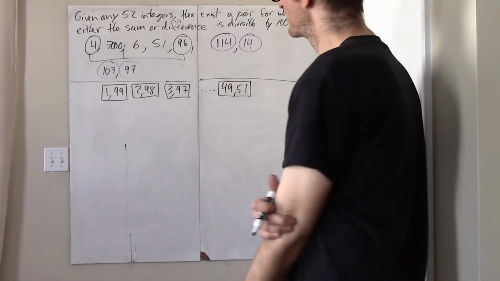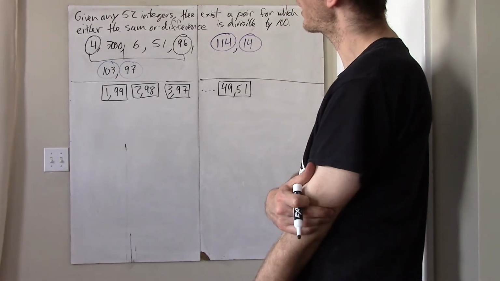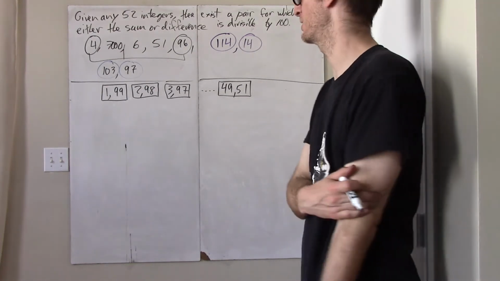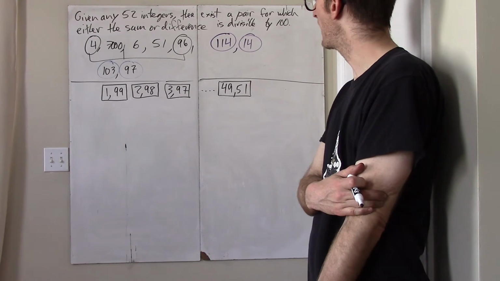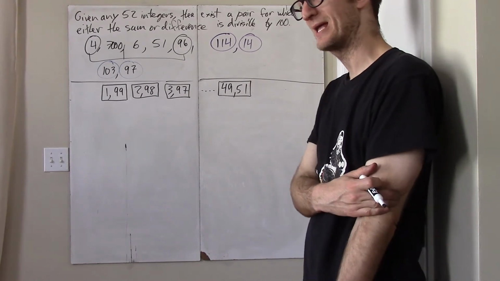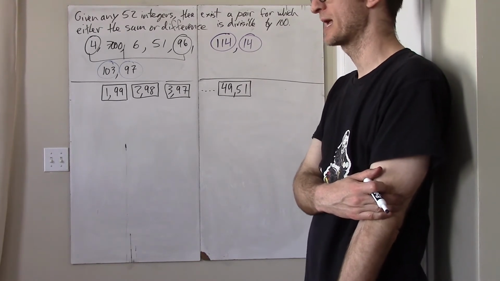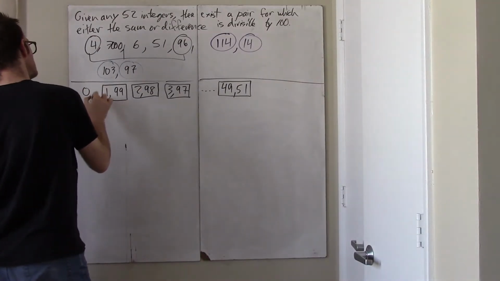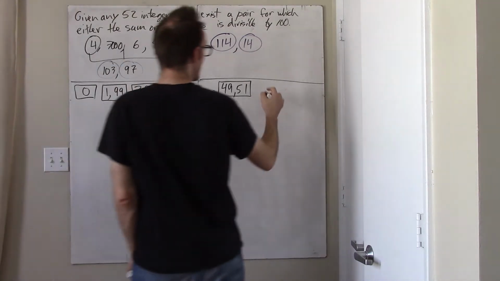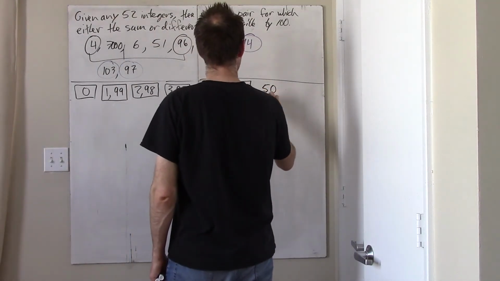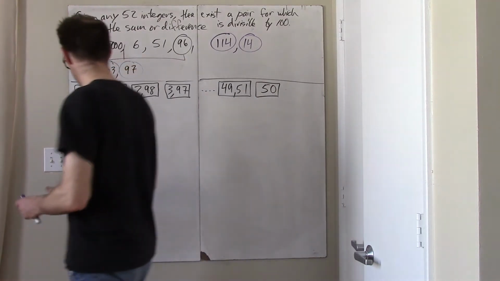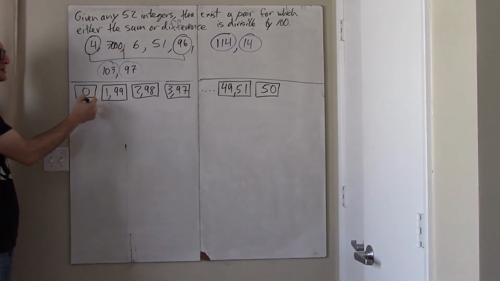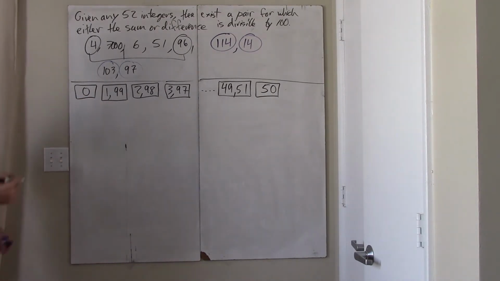There are 49 of these boxes, and what are these boxes? They're basically just remainders after dividing by 100. And now, of course, another possibility is that you could have remainder 0 after dividing by 100. And another possibility is that you could have remainder 50 after dividing by 100. And I want to treat these separately because if you have two numbers which both have remainder 0, so maybe I should just start writing.